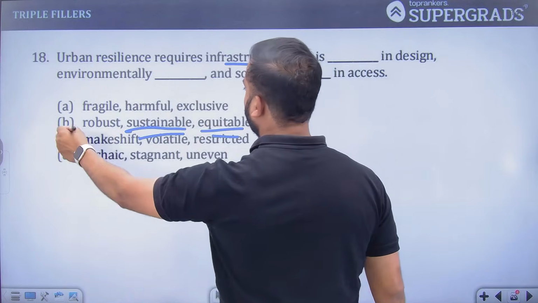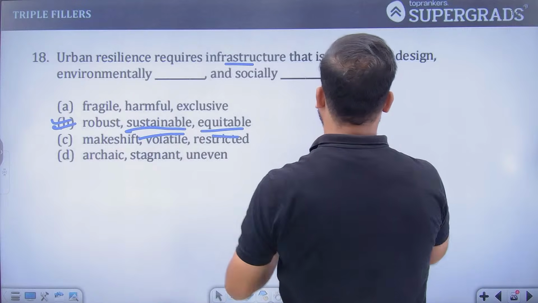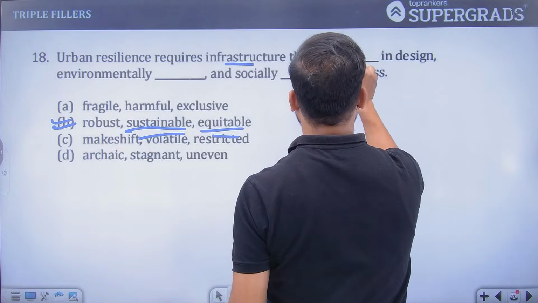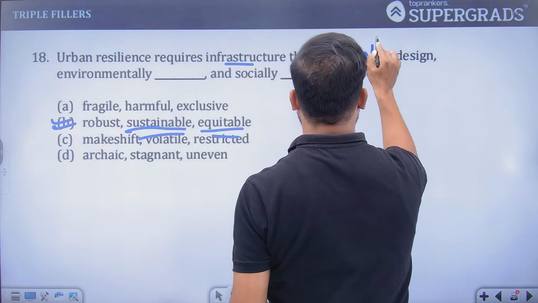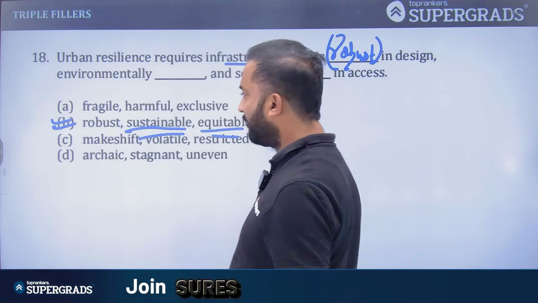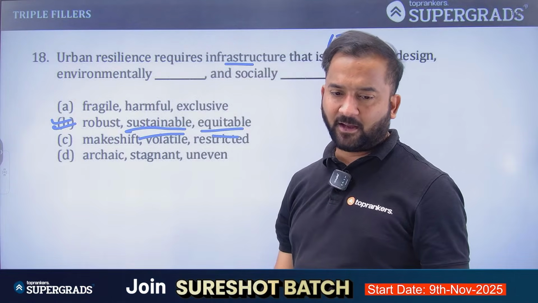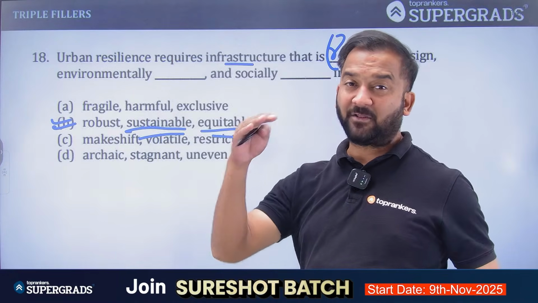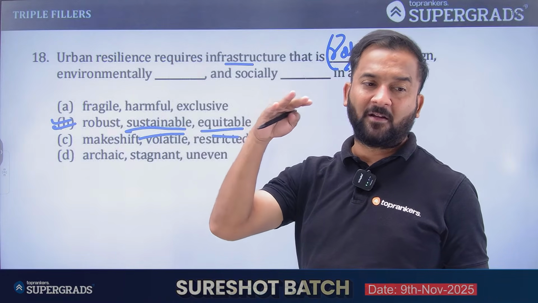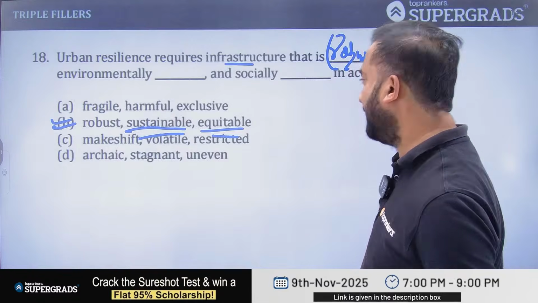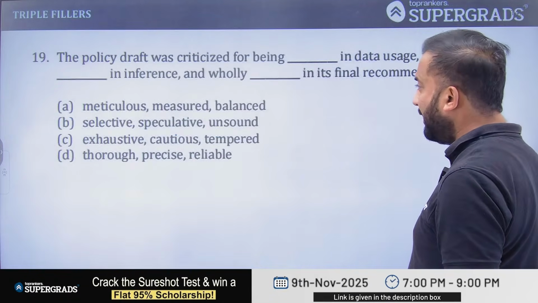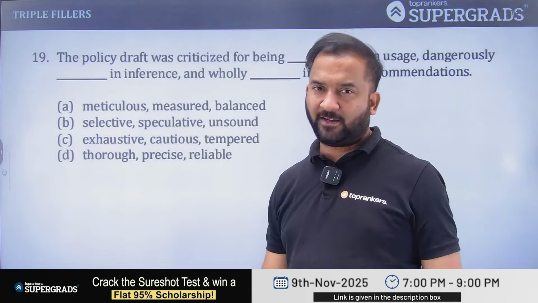So you need a strong infrastructure. So robust is the only word that means strong among all the options that we have. Yes Parth, as I said कि हम चाहते हैं economic infrastructure हमारा strong हो, environmentally sustainable हो.